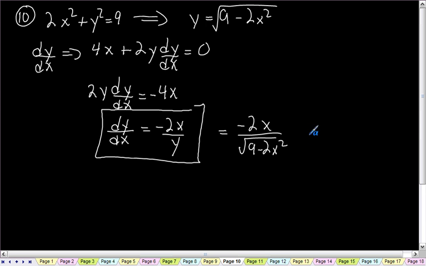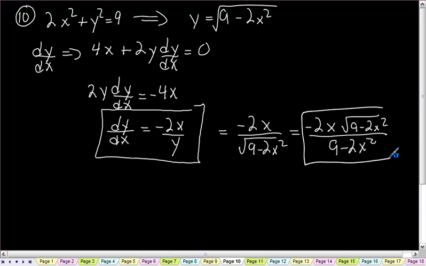If I do that, the top becomes minus x times the square root of 9 minus 2x squared, and the radical on the bottom comes out to 9 minus 2x squared. So that is another version. Solve for y and plug it back in, that's what they want. Either way it'll work.